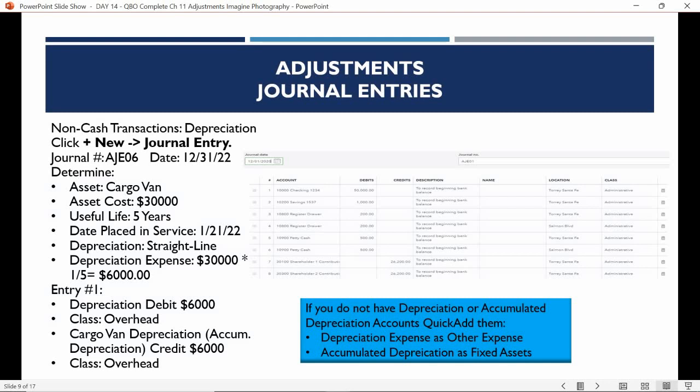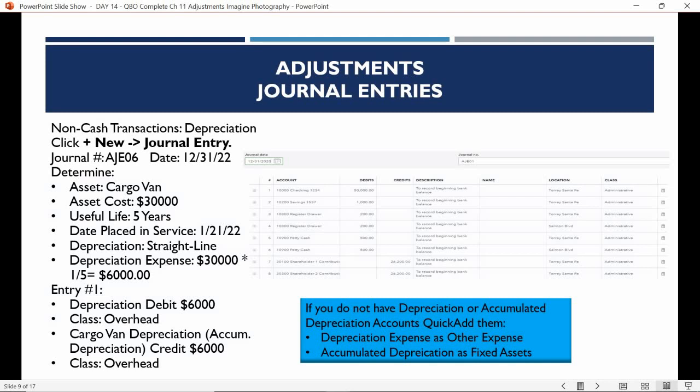Now that we figured out that the depreciation is $6,000, you're going to do your depreciation expense debit for $6,000, and then a cargo van depreciation, which is your accumulated depreciation, and you're going to credit it for $6,000.